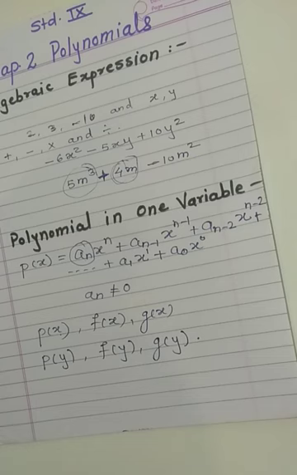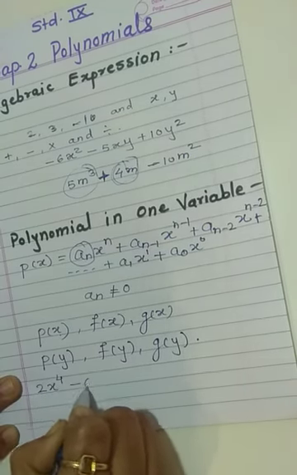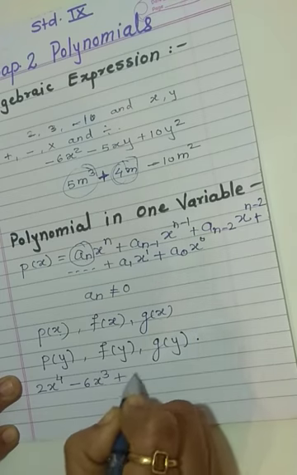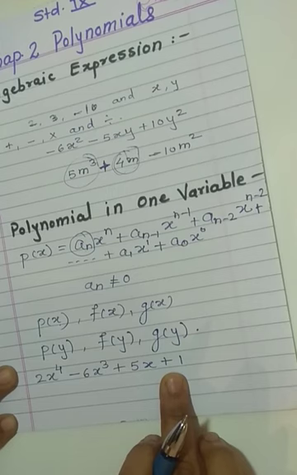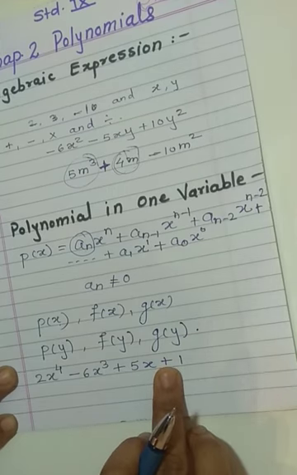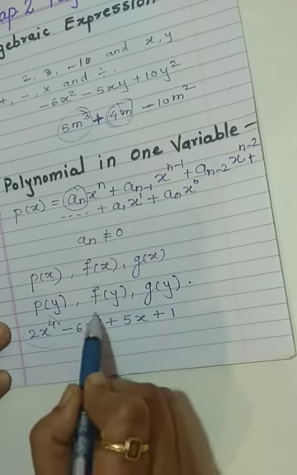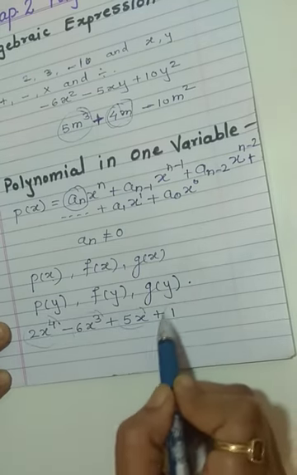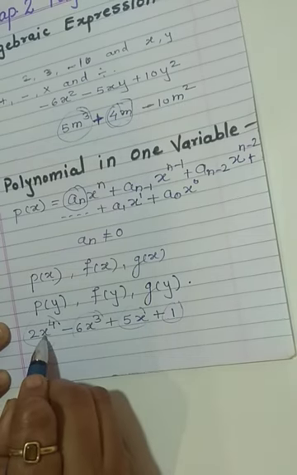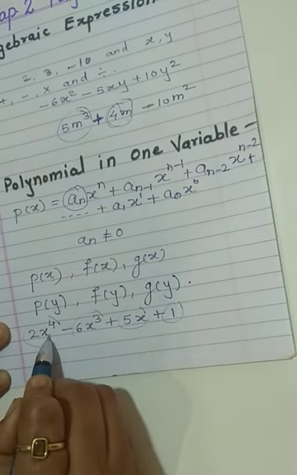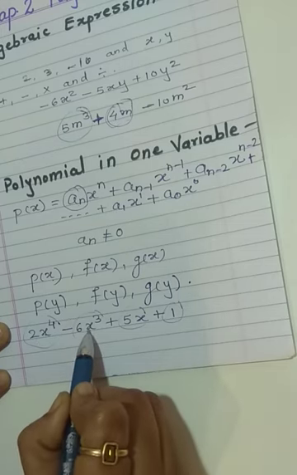Let us consider one polynomial, that is 2x raised to 4 minus 6x cube plus 5x plus 1. Now this is a polynomial in variable x. Now there are how many terms? You know that this is the first term, this is the second term, this is the third, and this is the fourth term. Now here the variable x has the exponent 4.